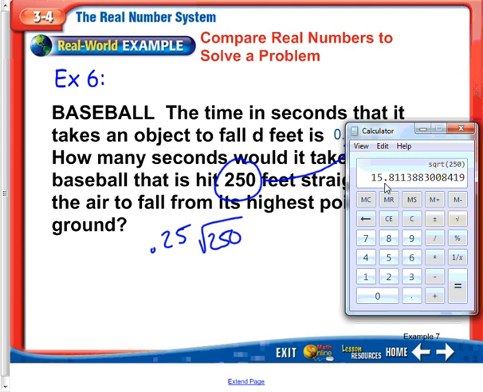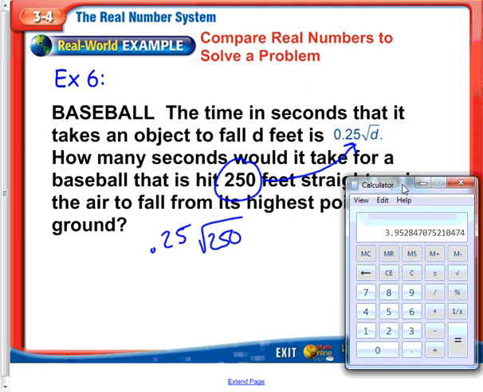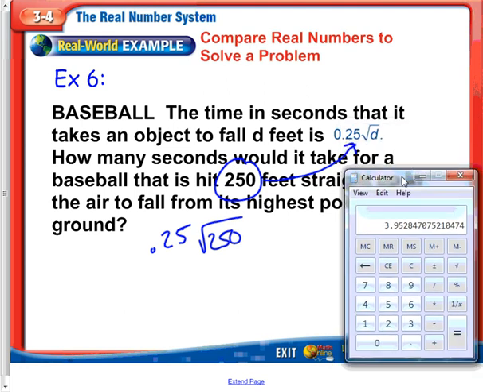When we take that number, you can just leave it in your calculator, that way we'll have all those digits, and then we're going to multiply by 0.25, and we say, what does that equal? Well, we see it says 3.9528 and so on.